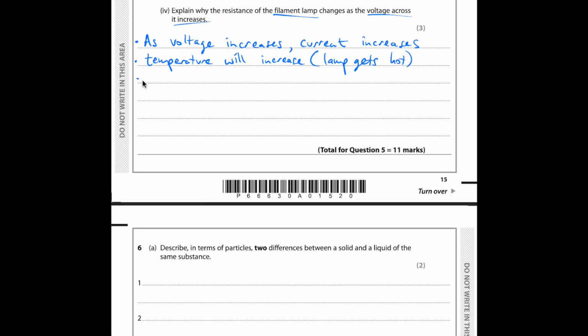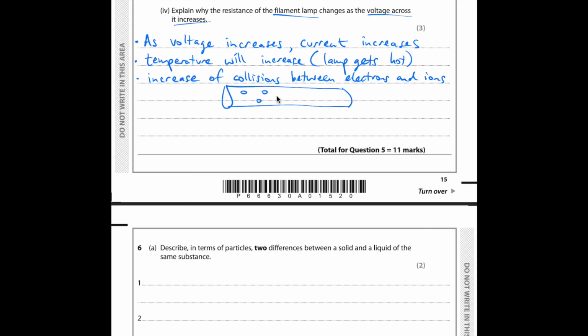You're going to have increased collisions between the electrons and the ions. Now what I mean by that is if that's your wire, you've got all the little copper ions, because they're positive, and you've got all these little negative electrons.